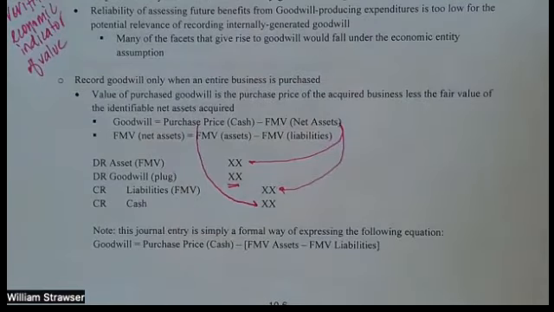Okay. Goodwill, again, is a complicated intangible asset. And it's so complicated that it has its own specific set of rules when we think about how its value changes over time. But man, is it ever so important in our economy these days.